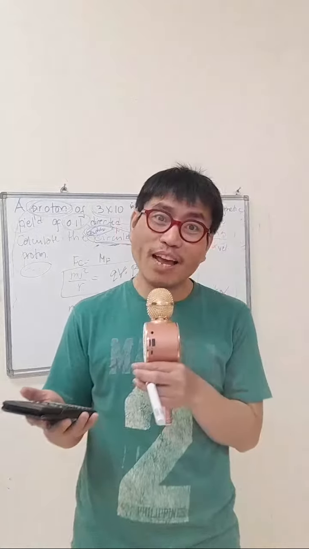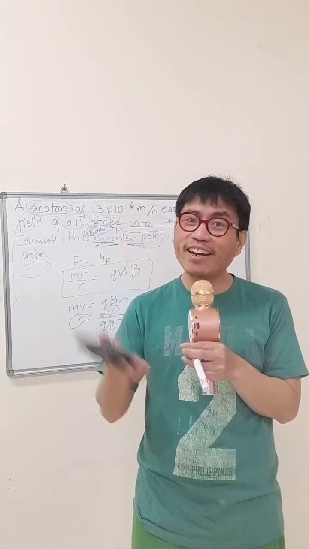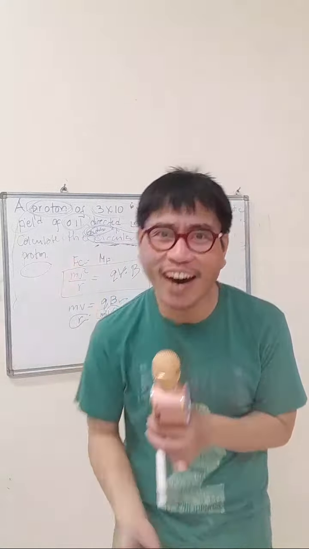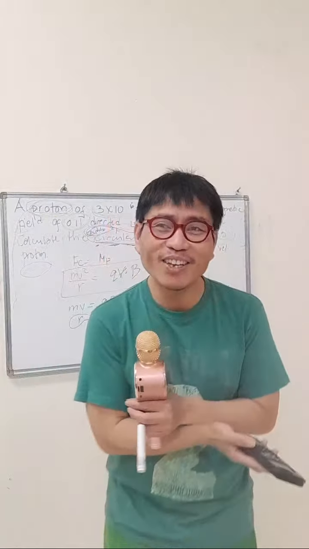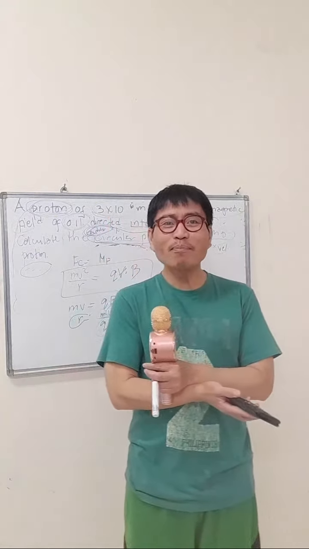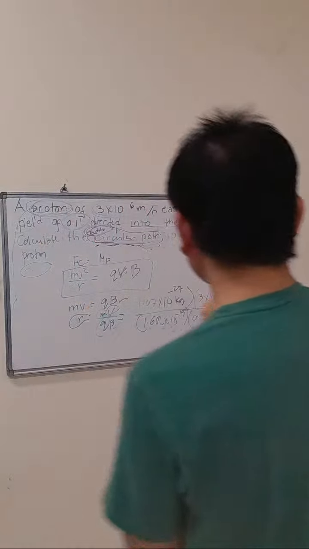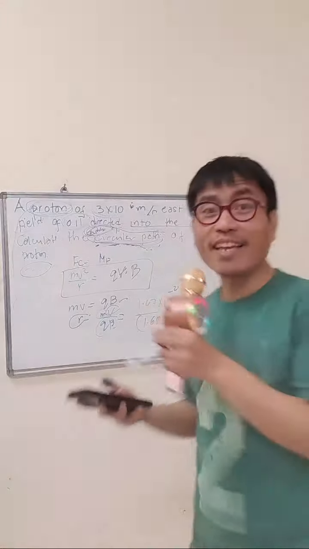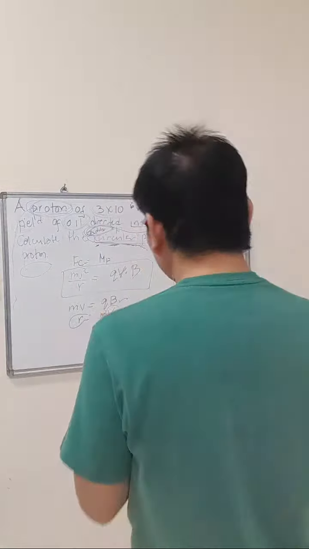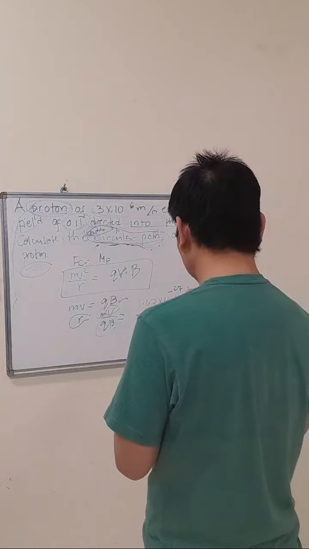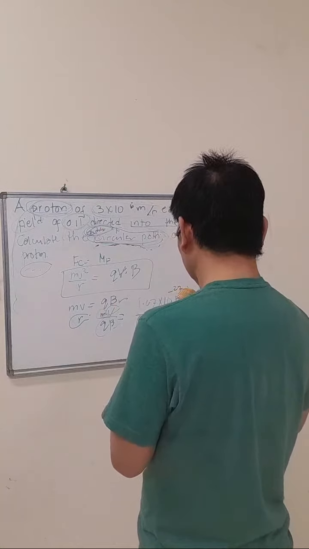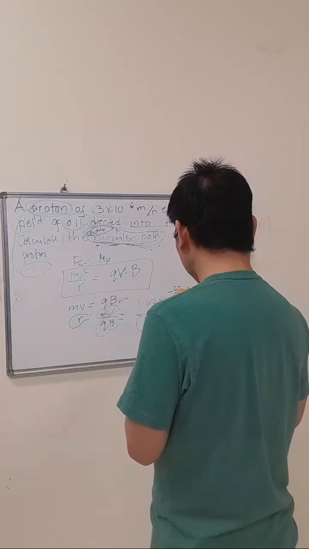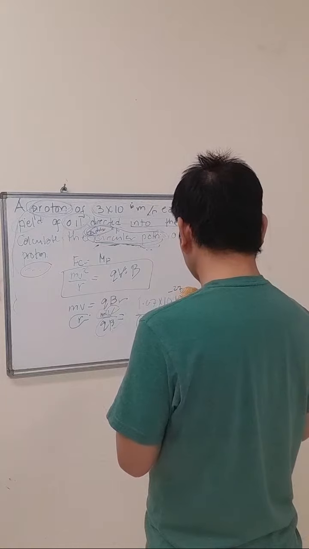Thank you so much for watching my live streaming. I love you, Kakampinks. Let's do the peace sign, P-E-A-C-E. Like that. But the world is just happy, right? Okay. So, 1.67. Negative 27 times.